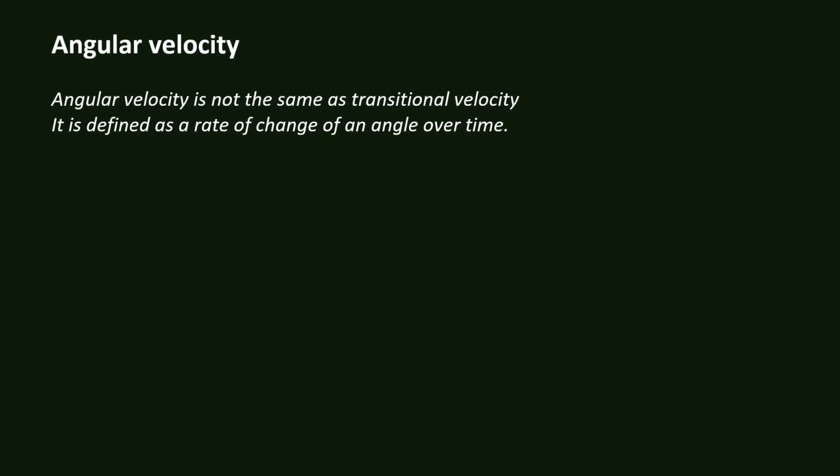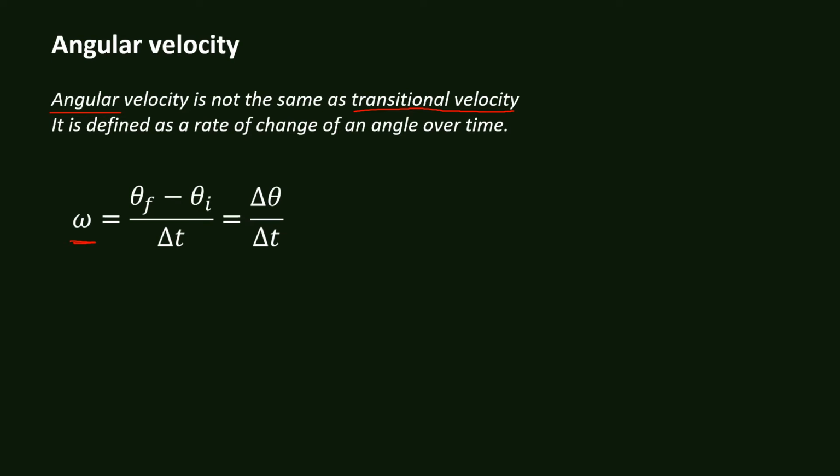So angular velocity is not the same as translational velocity. Let's make sure we understand the difference between angular velocity and translational velocity, or tangential velocity, as it can also be called. Angular velocity is defined as the rate of change of an angle over time. So here we have the Greek letter omega. What we're looking at here is an angular velocity equation.